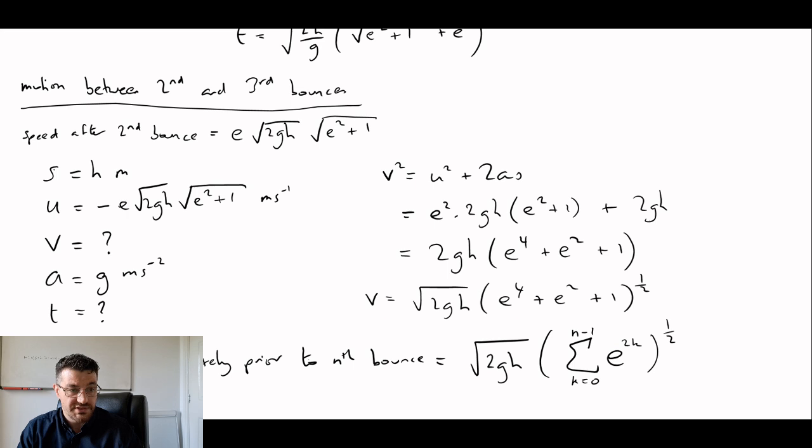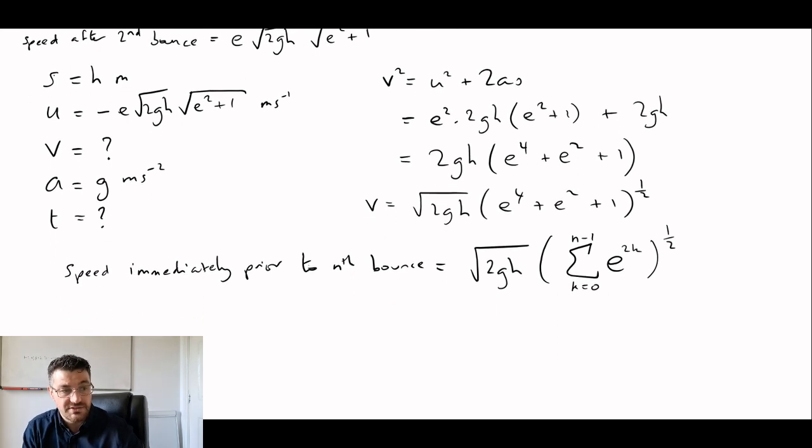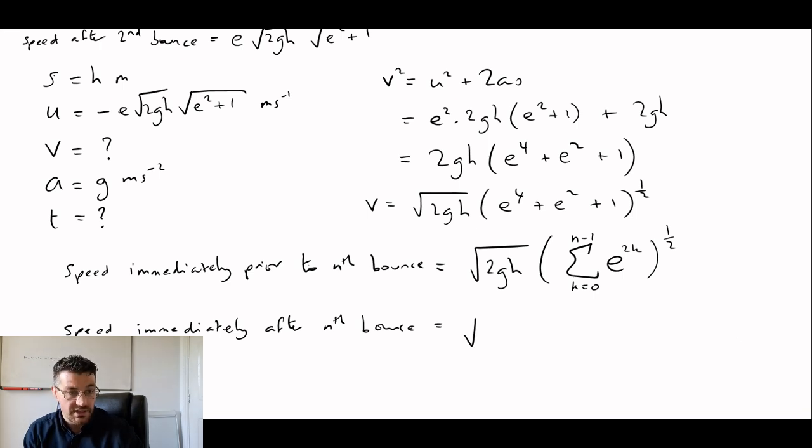We can also figure out a formula for the speed immediately after the nth bounce, which I suspect, and I'm going to prove this by the way, is going to be the square root of 2gh times the sum from k equals 1 to n of e to the power of 2k, to the power of a half.